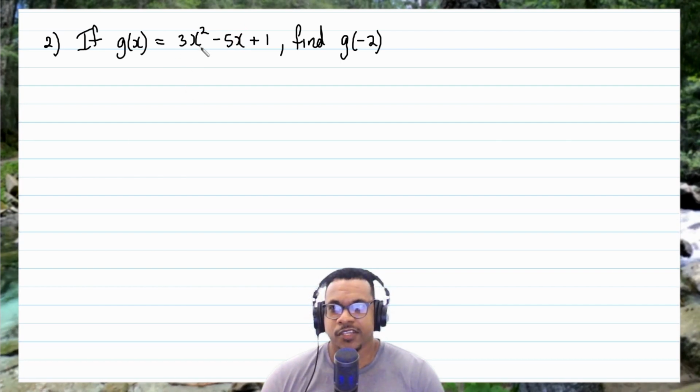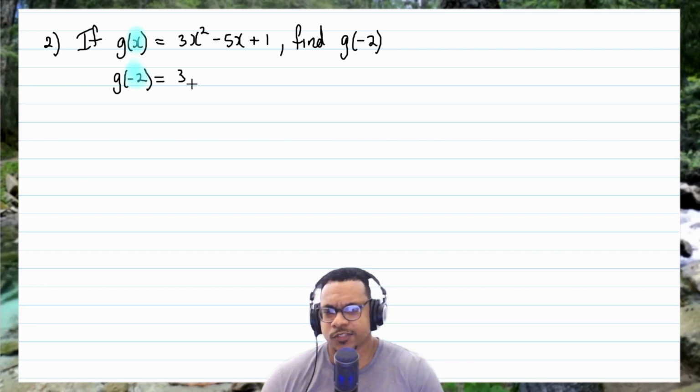So remember that 3x squared means 3 multiplied by x squared, and negative 5x means negative 5 multiplied by x. So I'll have g of negative 2 is equal to 3x squared, and I replace the x with negative 2 squared, take away 5x, and I replace that x with negative 2, plus 1.